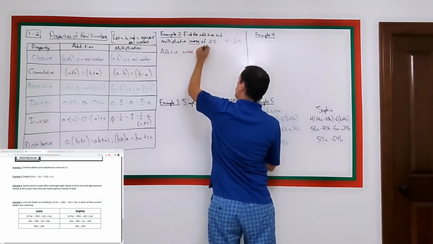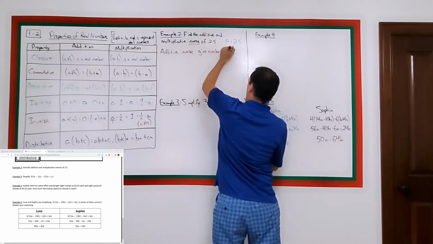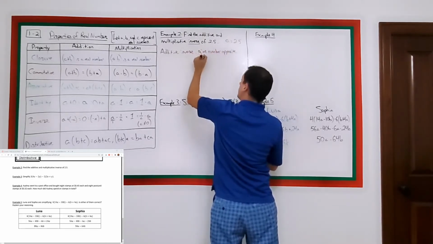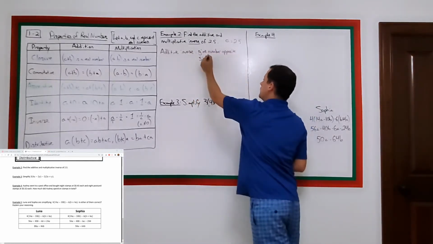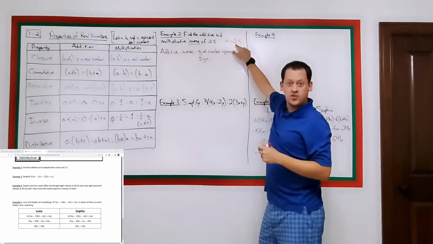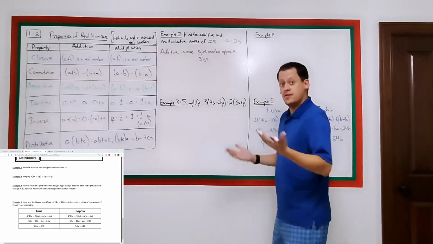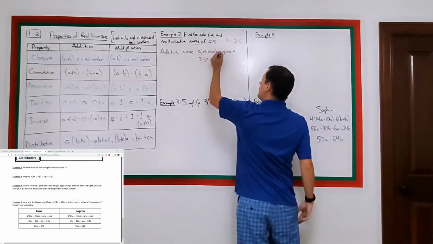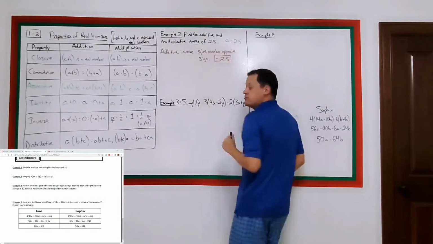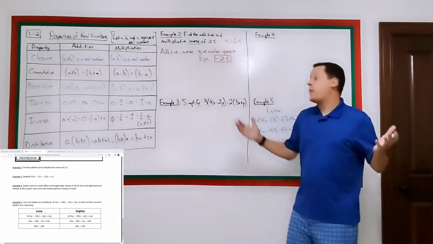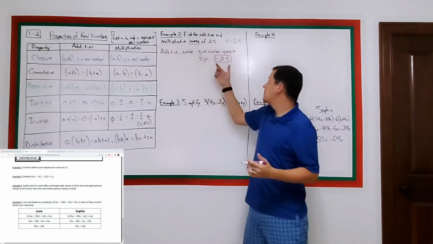So if our number is 2.5, we give it the opposite sign. The additive inverse is negative 2.5.